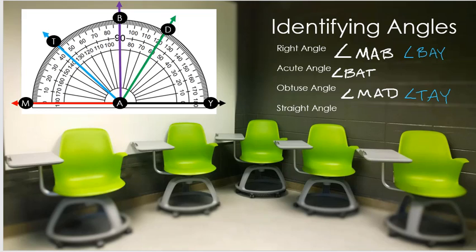And then before you ask, yes, you may list the straight angle, and the straight angle that is exactly 180 degrees is angle MAY. So yes, you may talk about that. So that's using a protractor to actually measure the angles if you wanted to.